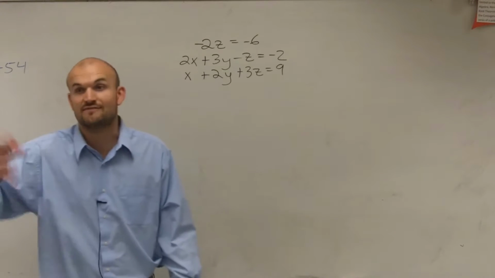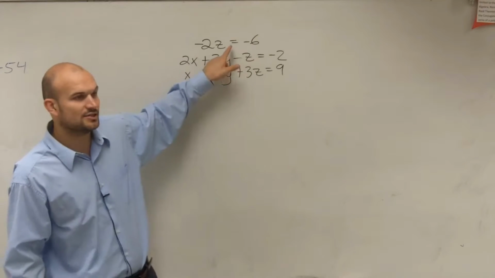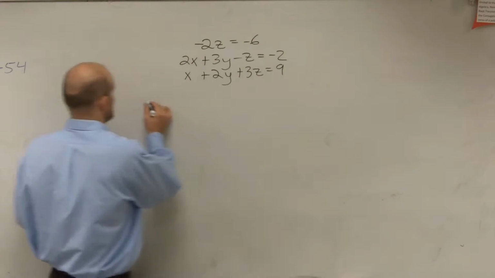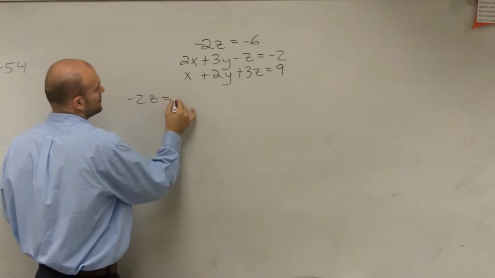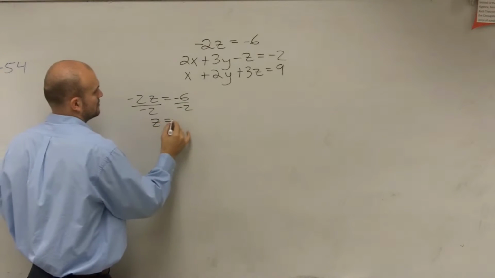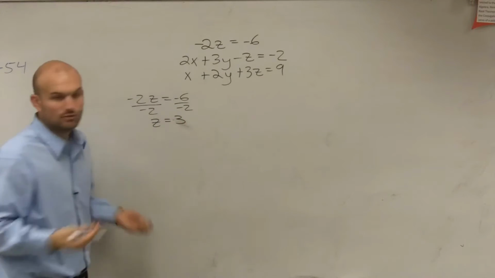Remember, a solution is finding the values of all the variables, x, y, and z. So in this equation, can I find the value of z? Yep. So you could say negative 2z equals negative 6. Divide by negative 2. z equals 3, right?